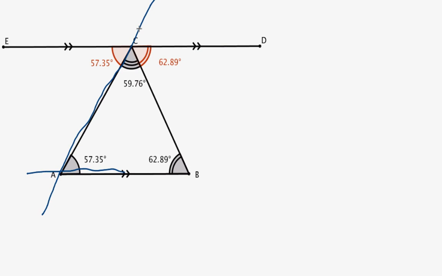So this angle and this angle are the same. Those are called vertical angles. And that also means that this angle, which is equal to this angle, is also the same as this angle. That's called alternate interior. So this angle right here, ECA, is the same as just angle A, right?